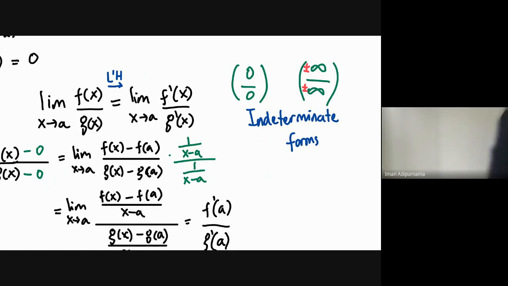So if we have 0/0 or infinity over infinity, we can use the L'Hopital rule. Why is this? We can say this is a similar case, because infinity and 0 have some similar properties. When you have 1 over infinity, it will be 0, right? So it's actually applicable with the L'Hopital rule also.